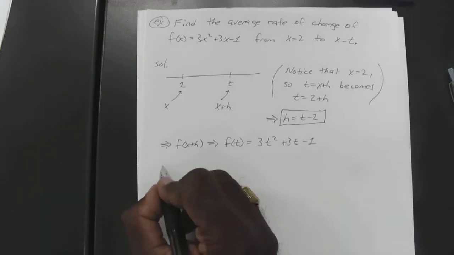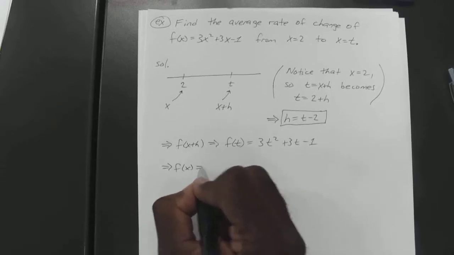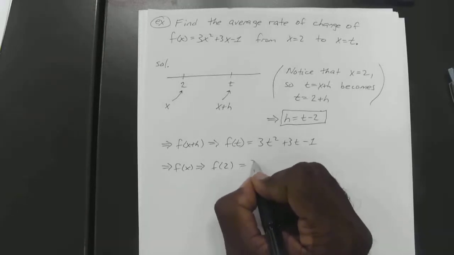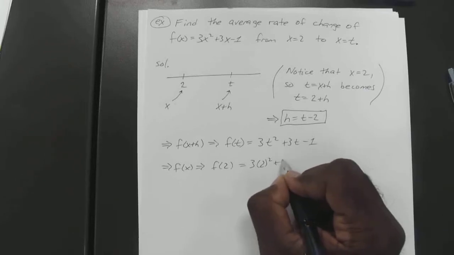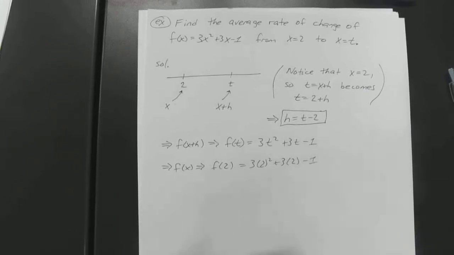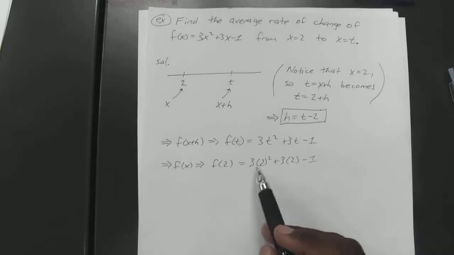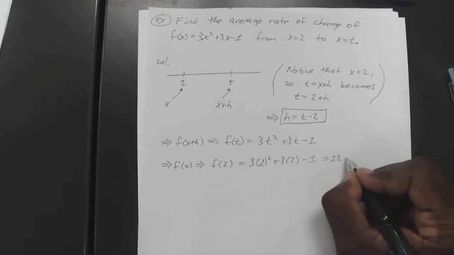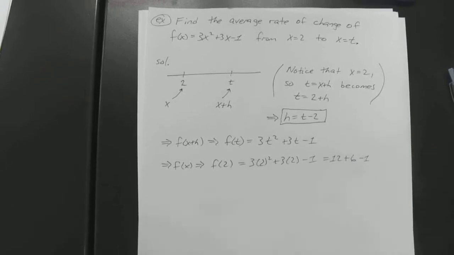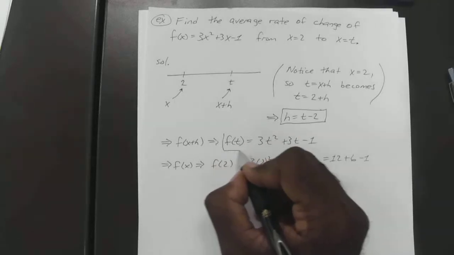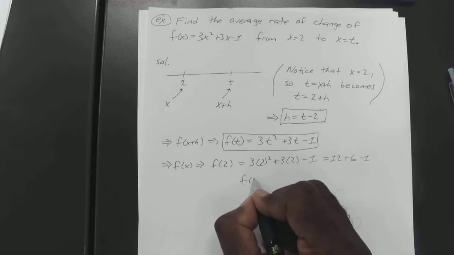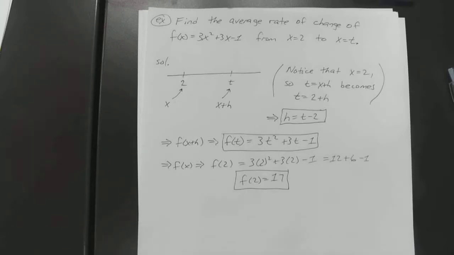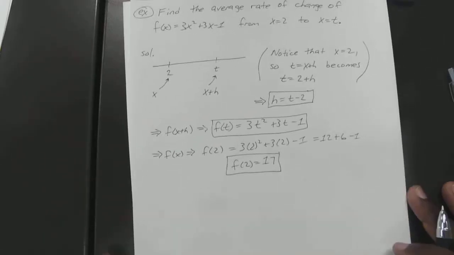And your f of x, your x is equal to 2, so that's just f of 2, which is equal to 3 times 2 squared plus 3 times 2 minus 1. 3 times 4 is 12, plus 6, minus 1. So f of 2 is equal to 17.